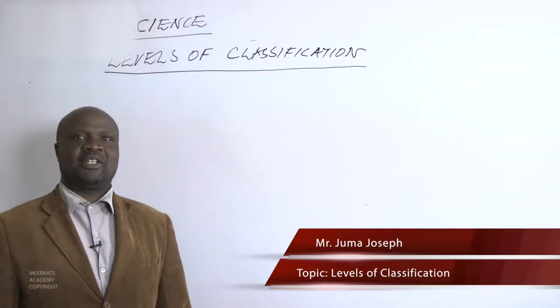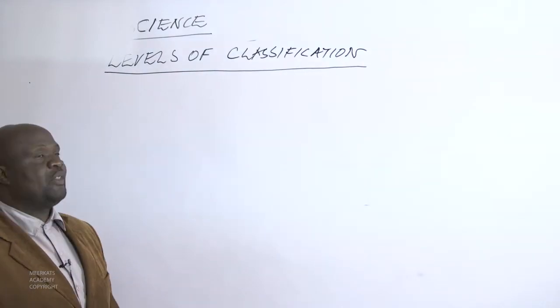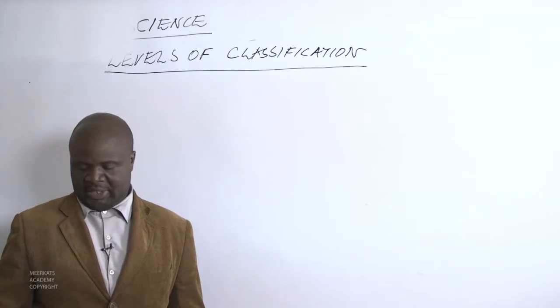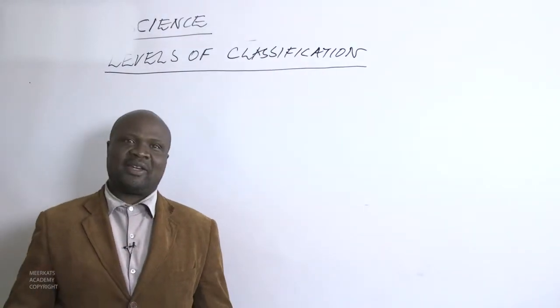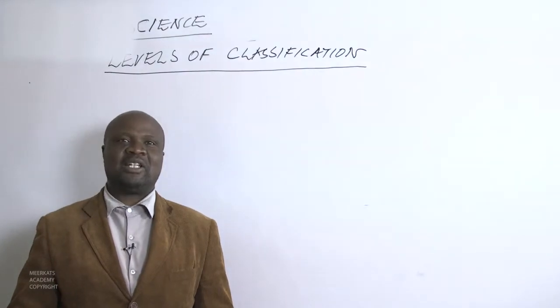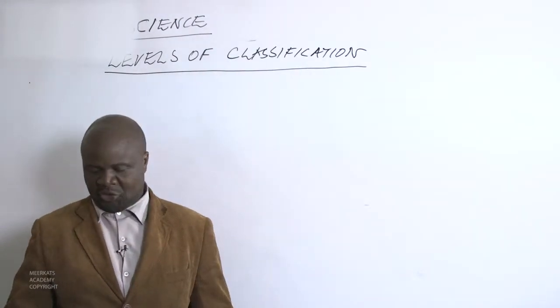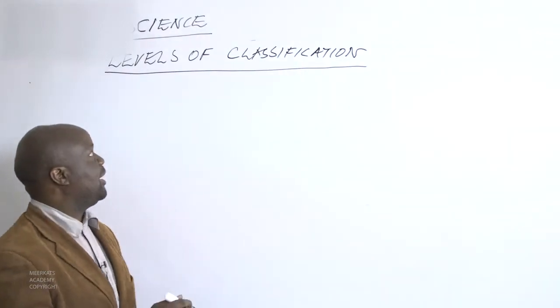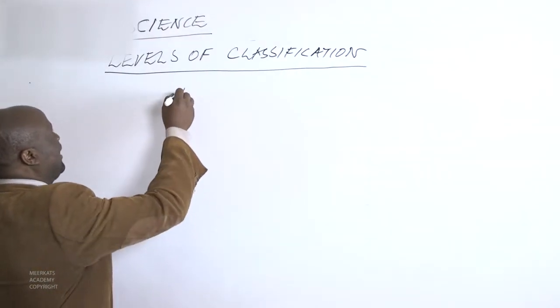We had promised that we shall continue with the levels of classification, and we are saying that the kingdom, when we are classifying, is the first level of classification. The second level of classification is the phyla.